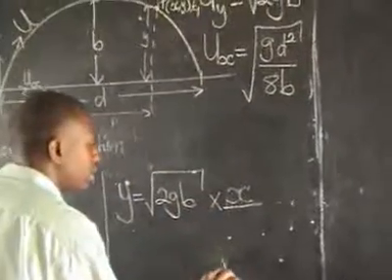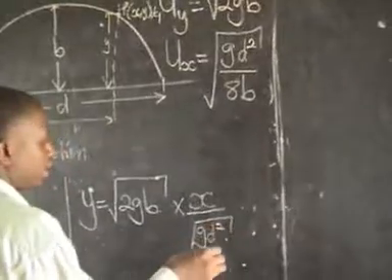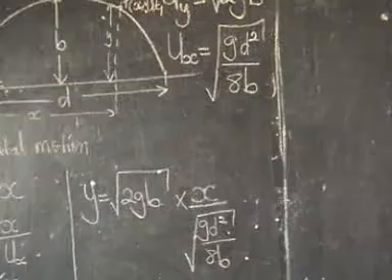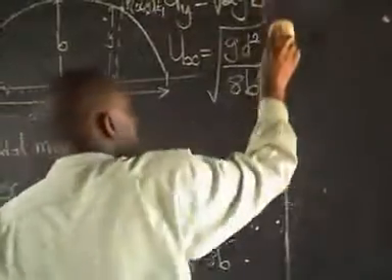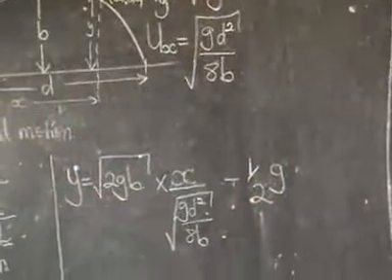So my Ux is square root of g squared d squared divided by 8b, minus half g t1 squared.